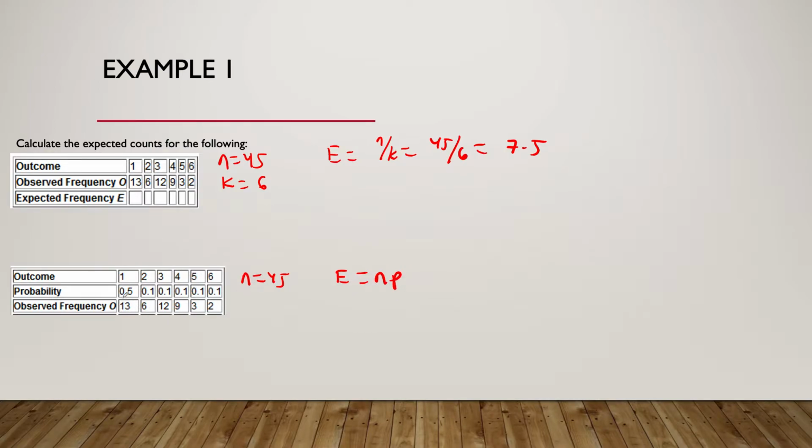For an outcome of 1, this would be 45 times 0.5, which gives us 22.5. For all the other ones, this is 45 times 0.1, which gives us a value of 4.5 for all of these other expected frequencies.